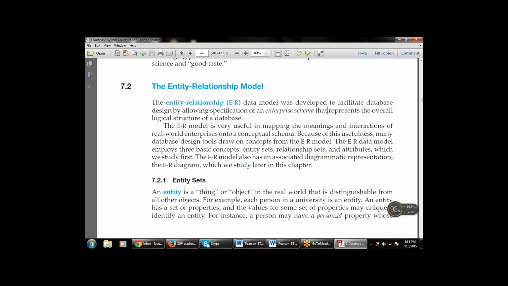Then we discussed the entity set. When I combine multiple entities, a group of entities, that is known as the entity set. An entity is a thing or object in the real world that is distinguishable from other objects. For example, every person in a university is an entity. An entity has a set of properties, and the values for some set of properties may uniquely identify an entity.